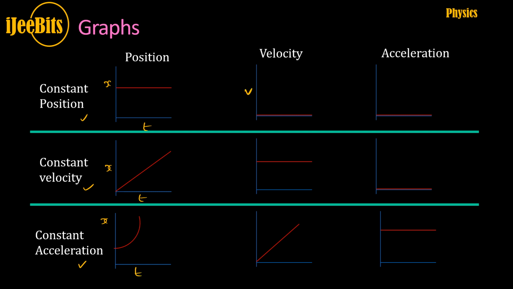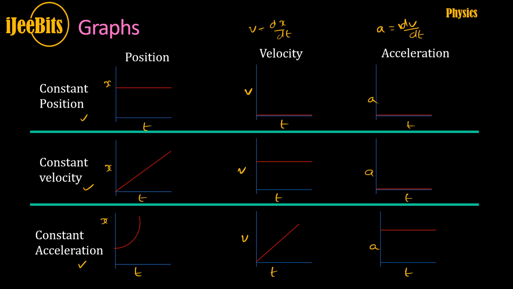This is the velocity and time graph. And this one is the acceleration and time graph, at. Okay, very good. So we know one thing, position, velocity: how do you get velocity? dx by dt. Agree? And then how do you get acceleration? a equal to dv by dt. It is very easy to understand, right?